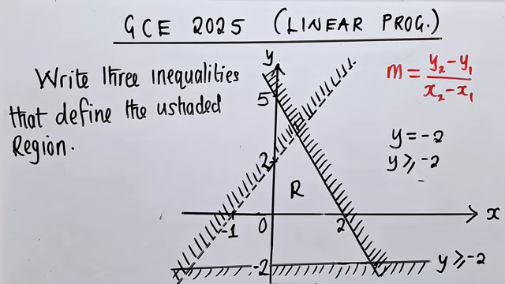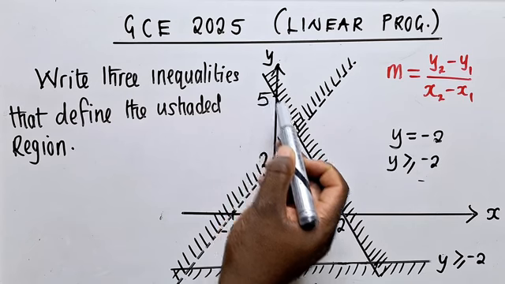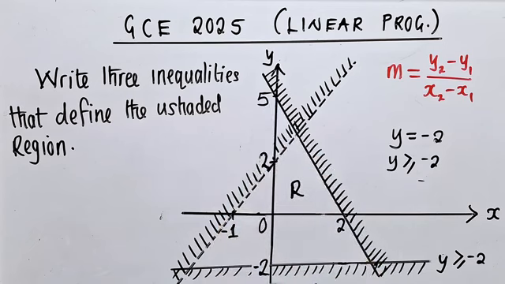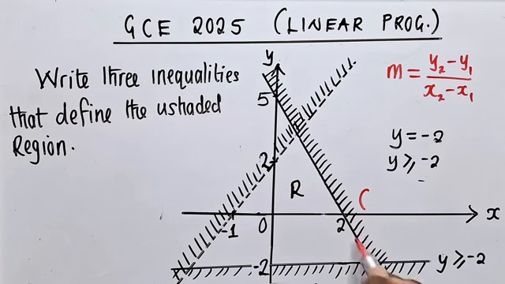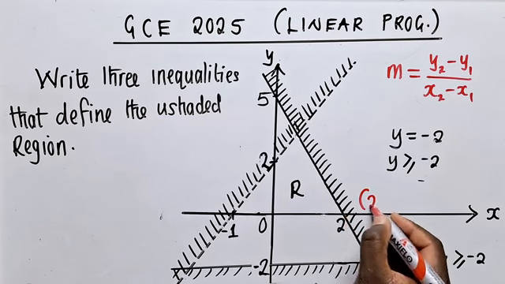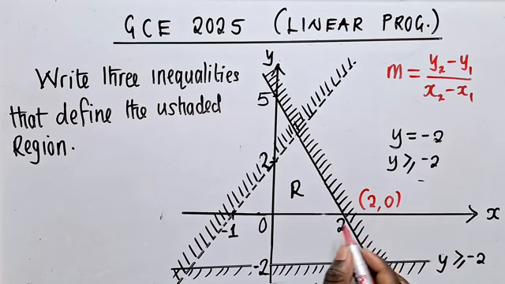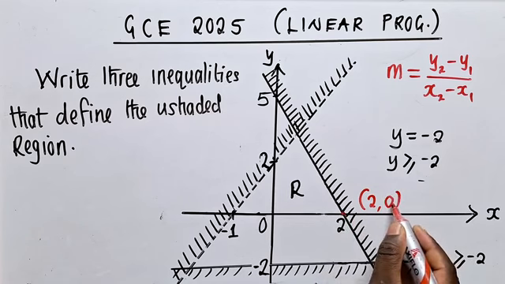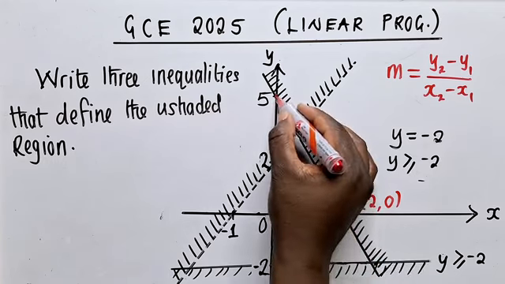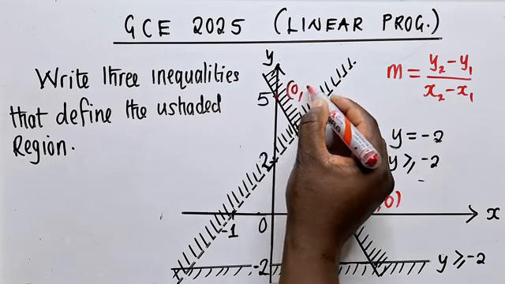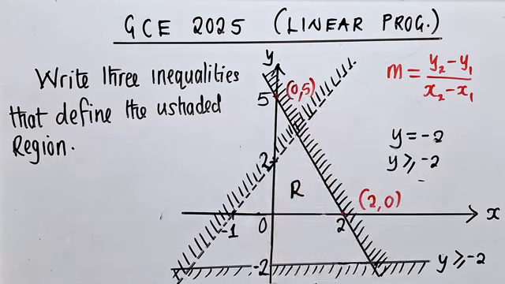For the other one, we'll come to this inequality right over here. For this inequality, we identify the coordinates. Where this line is passing the x-axis, this will be 2, 0. At this point, y is 0 and x is 2, while at this point, x is 0 and y is 5.